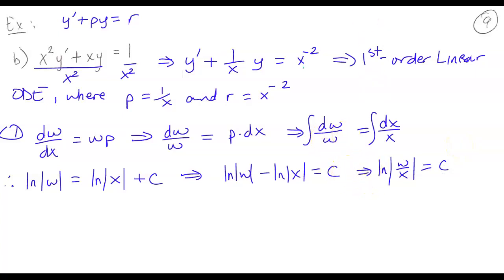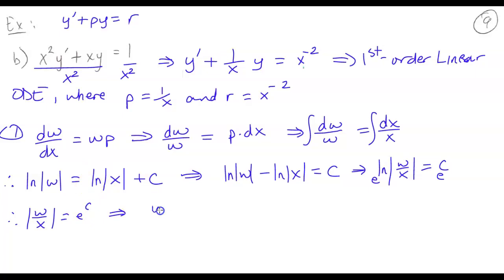We can use our exponential rules here to rewrite our logarithmic equation as an exponential one. So we'll put the e's here like that. And we see that this results in absolute value of w divided by x is equal to e raised to the c.